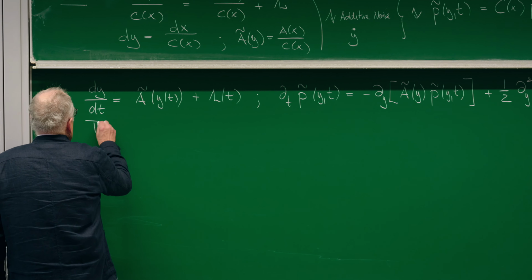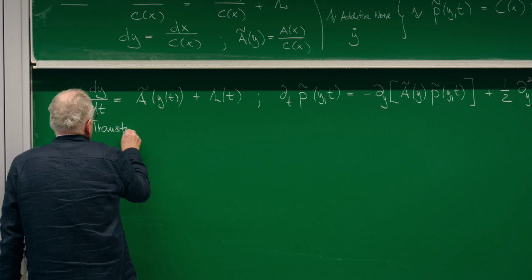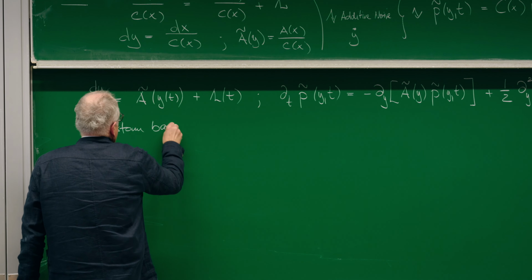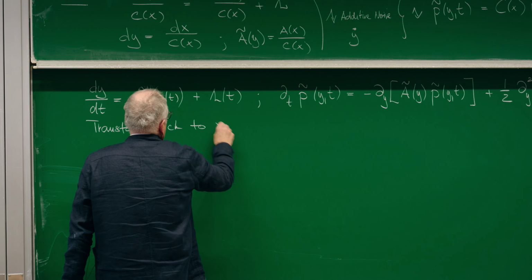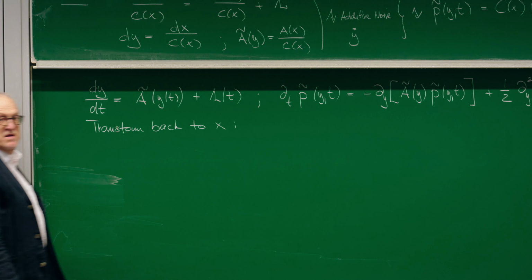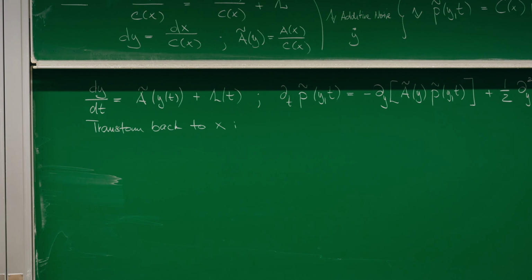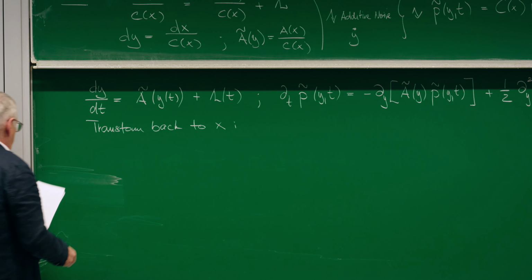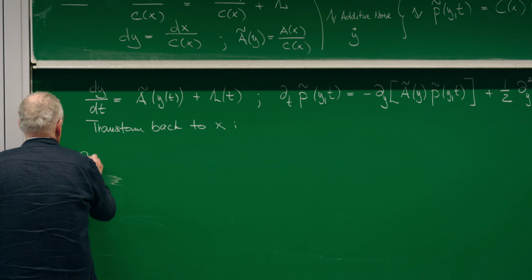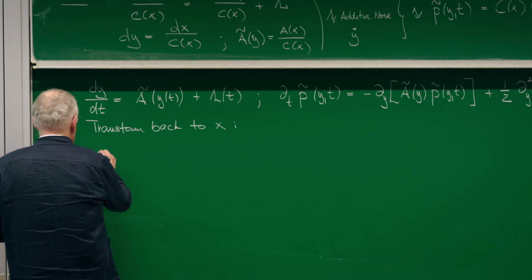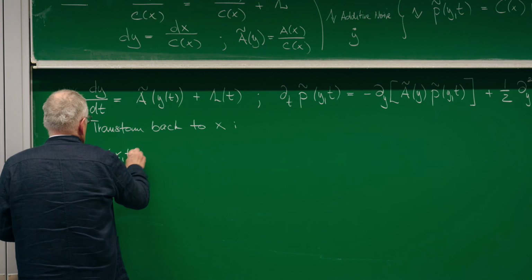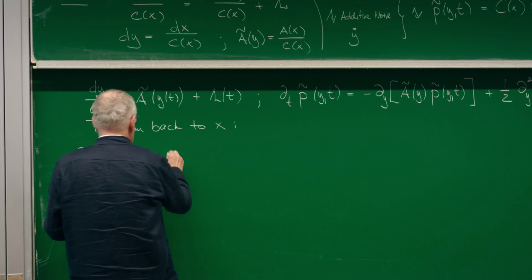Now we transform back to our original variable x, and then you get the corresponding Fokker-Planck equation for x. There's a few steps of algebra which are not hard. I'm just giving you the result.